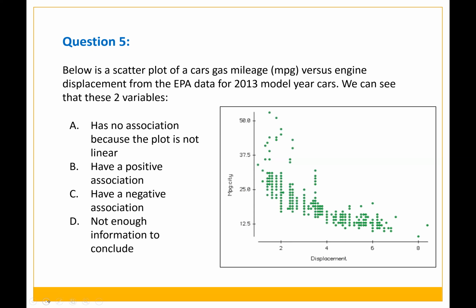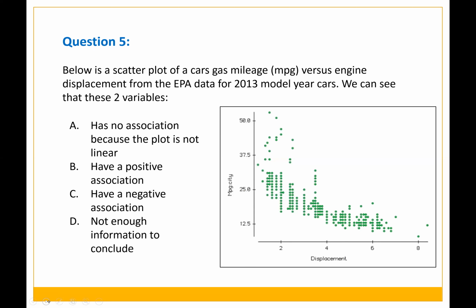Below is a scatter plot of a car's gas mileage versus engine displacement from the EPA data for 2013 model year cars. We can see that these two variables... So now we look at the displacement and MPG in the city.